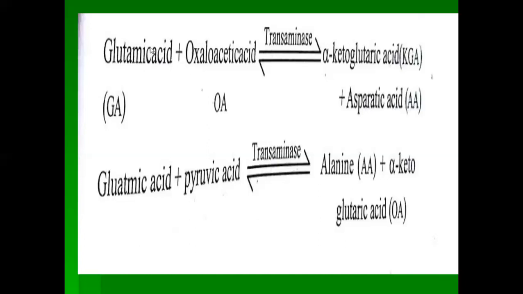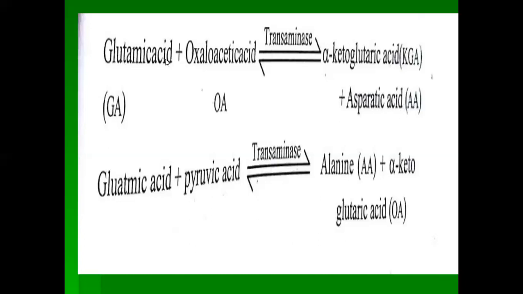The amino group of glutamic acid is transferred to alpha ketoglutaric acid, and at the same time a new amino acid is synthesized. The new amino acid is called aspartic acid.